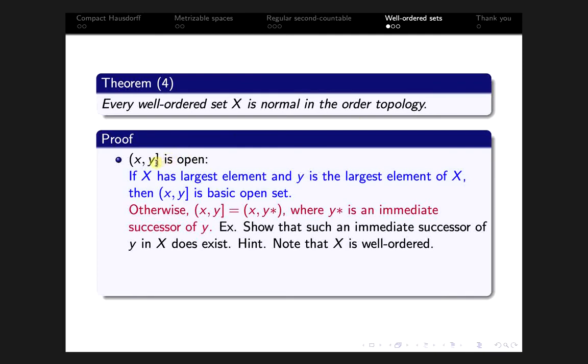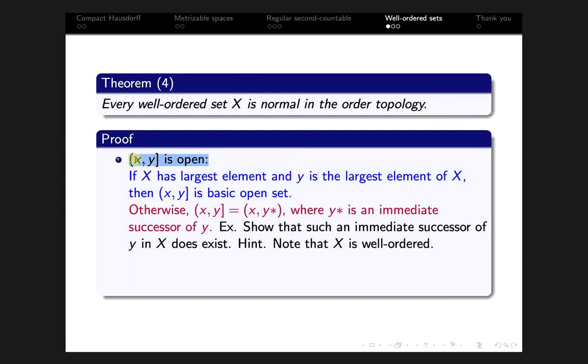So the argument proving this statement: if X has a largest element and Y is that largest element of X, then this is a basic open set, because the open interval (x, positive infinity) is basically equal to (x, y].